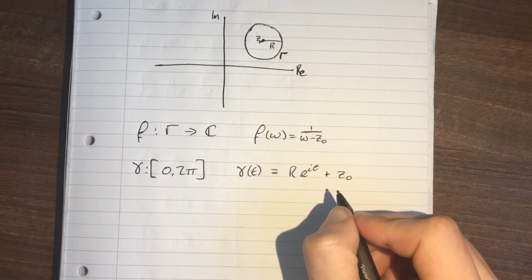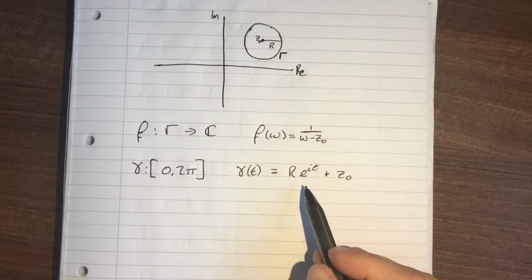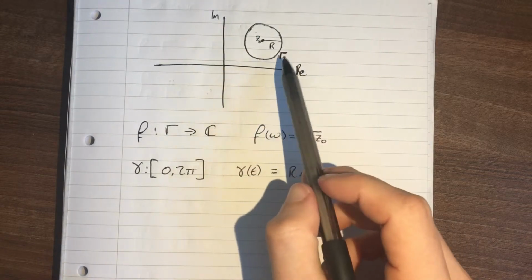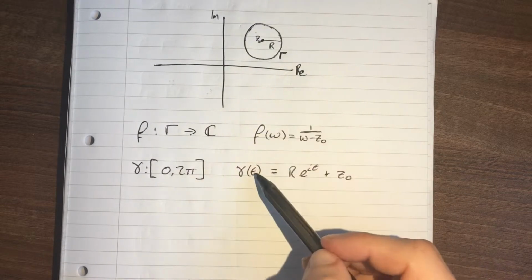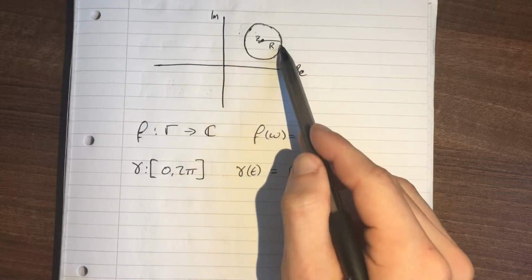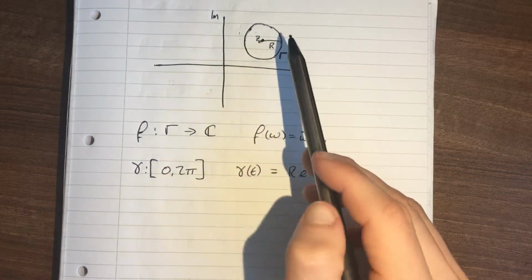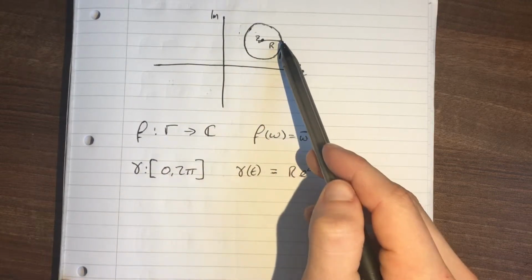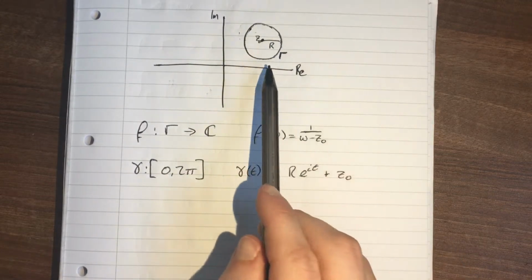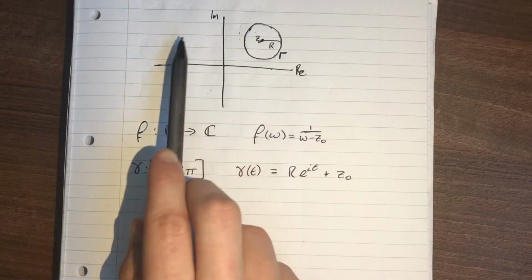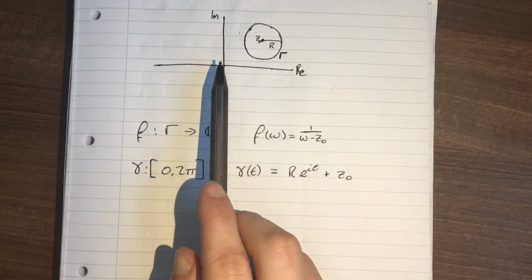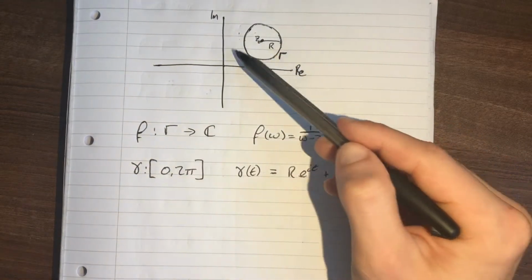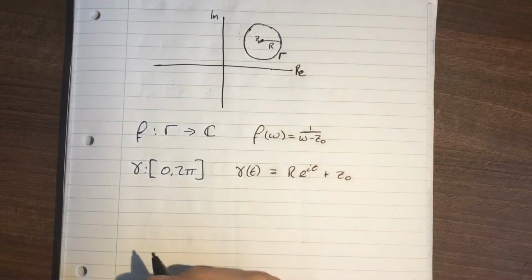So you can see, using this, how we get to this circle. At t equals 0, we're here, and we just go all the way around. And it's important to note that the positive direction is always counterclockwise. Just like when you do angles, always go around counterclockwise for positive. If you went around the other way, it would be negative.